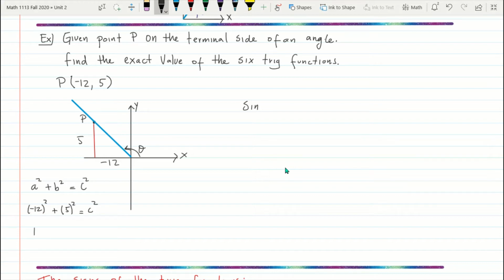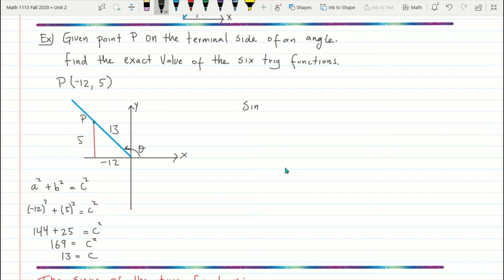So 144 plus 25 is equal to c squared. So 169 equals c squared, and if we take the square root of that, we get 13. So this right here is going to have a length of 13 units.